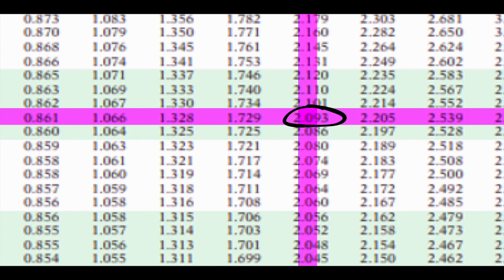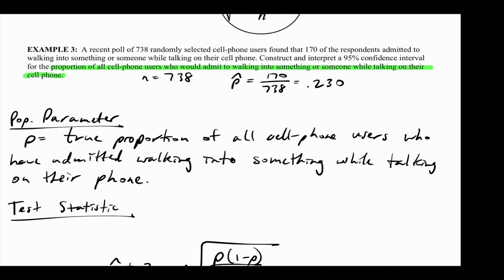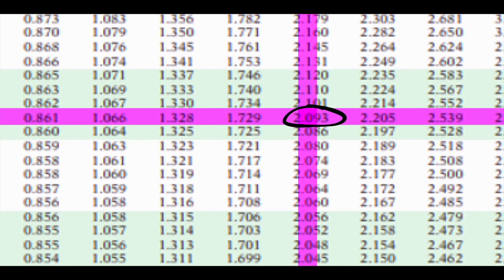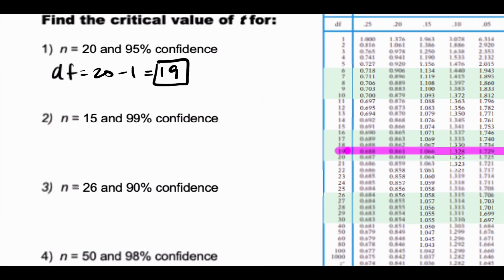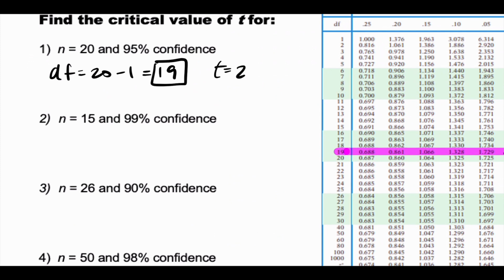That's the t-score, not the z-score. So this guy has a t-score of 2.093. Now, what is the z for a 95% confidence interval?